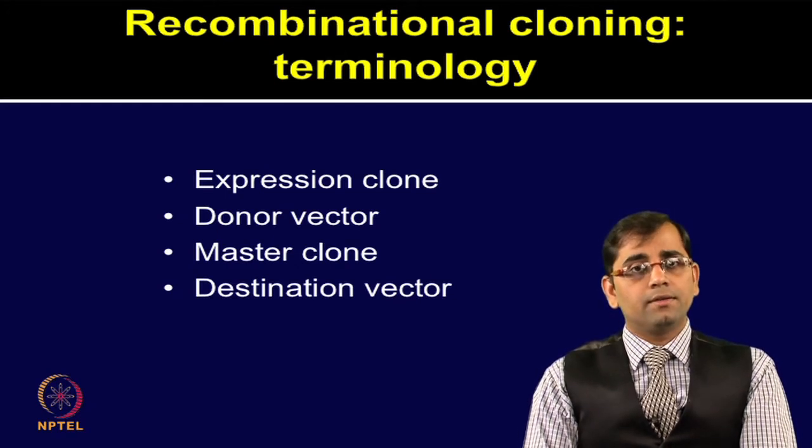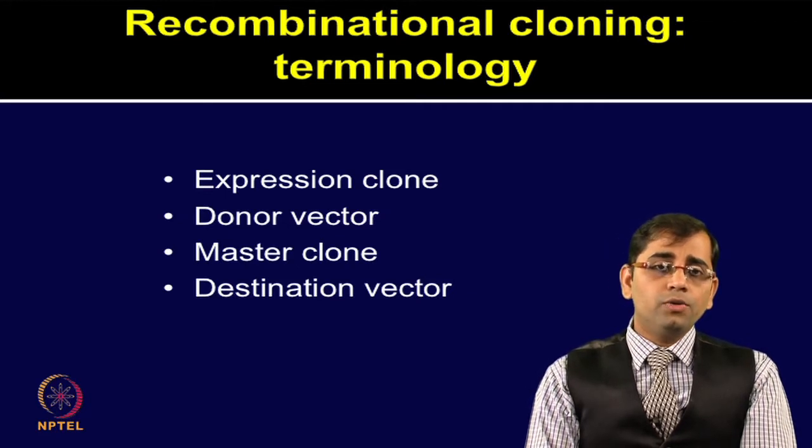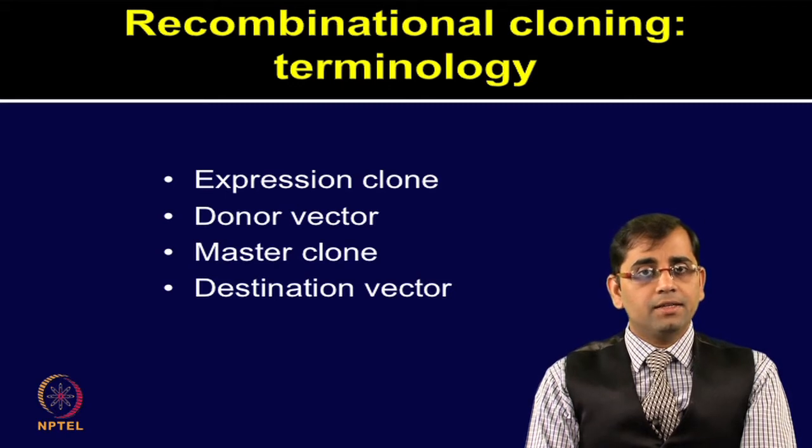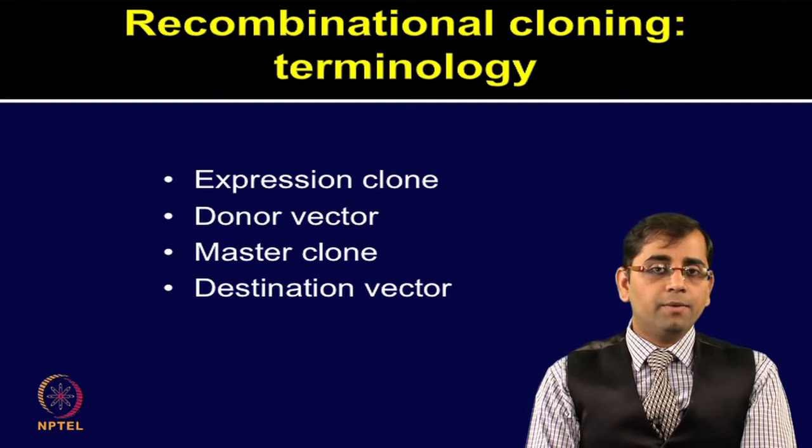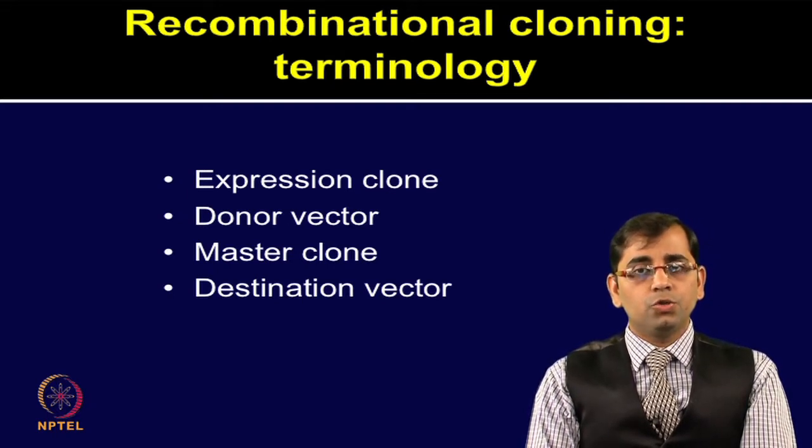What is the donor vector? The donor vector consists of a counter selectable gene which is flanked by att P sites, which recombine with the gene of interest flanked by att B sites in the BP reaction to produce a master or entry clone.